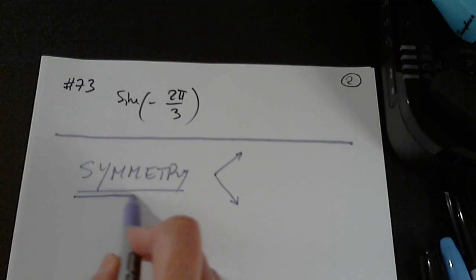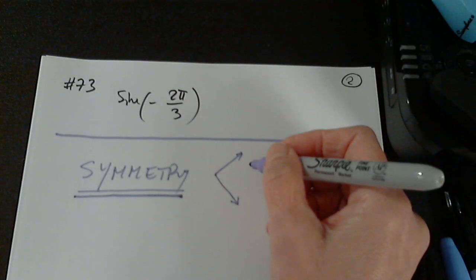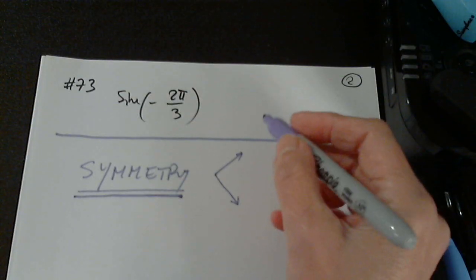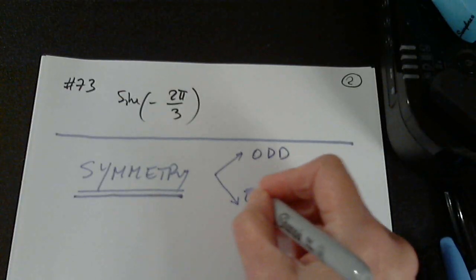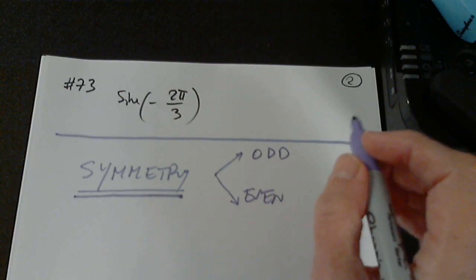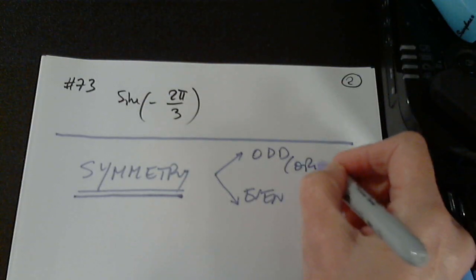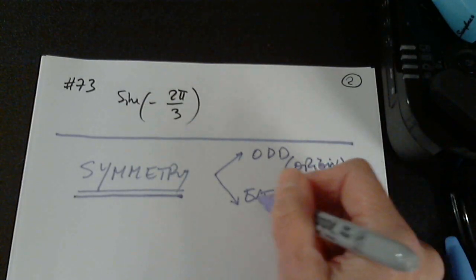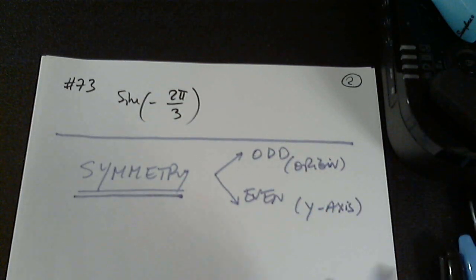Symmetry, not transformations. Symmetry. X and Y axis or origin? Yes, yes. So you're talking about odd and even. Correct. Awesome. So odd is when it's symmetric with respect to the origin, and even symmetric with respect to the y-axis. Very good.